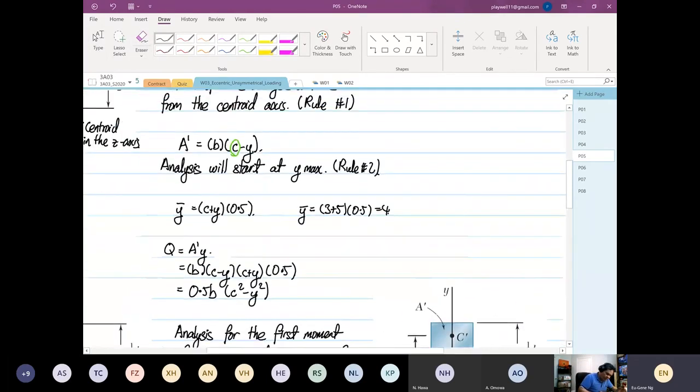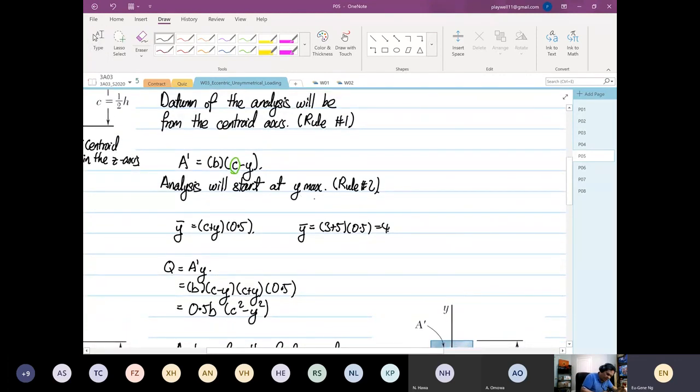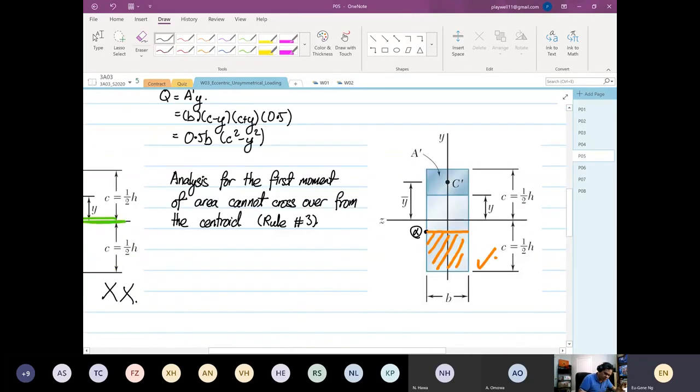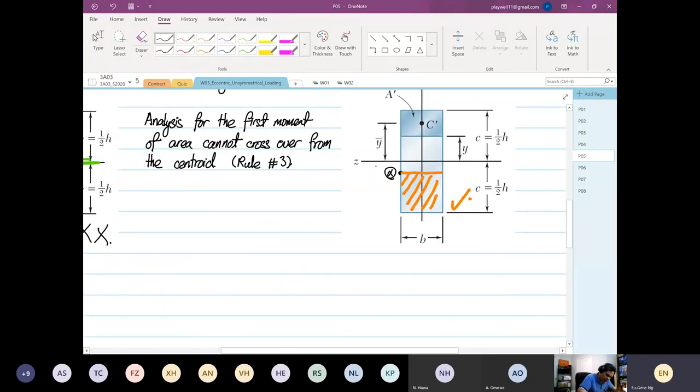We have to apply that the analysis will start at y max and it cannot cross the what? It cannot cross the central axis. So y max over here, so this is going to be your what? Y max, and then alpha point, okay, is your interest in this area, okay, and this area will not intersect your what? Will not intersect your z-axis.